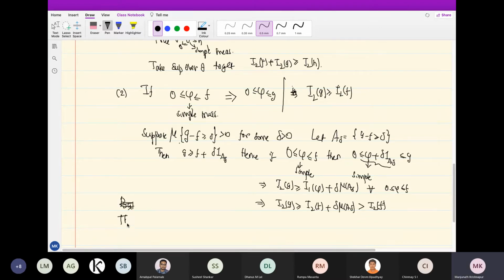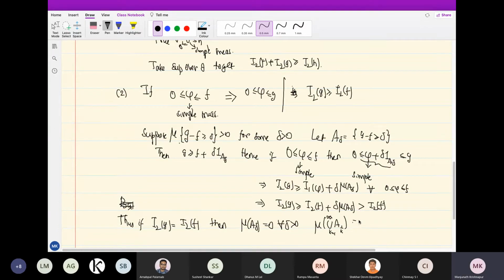Thus, if the integrals are equal, then mu of A delta is 0 for all positive delta. So mu of, let us say, the union of A 1 over k.